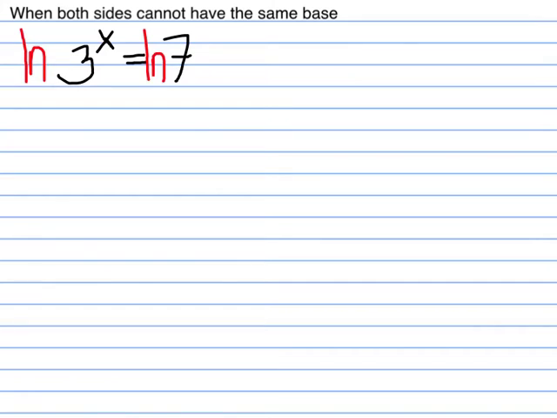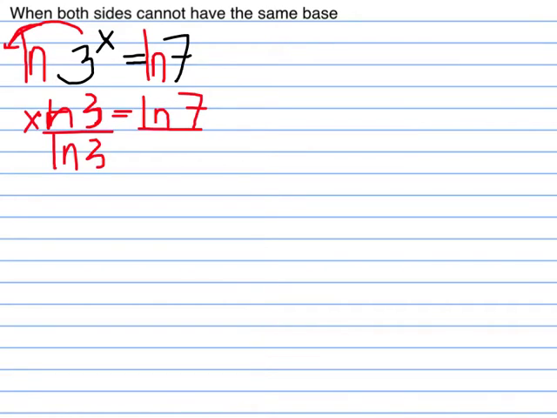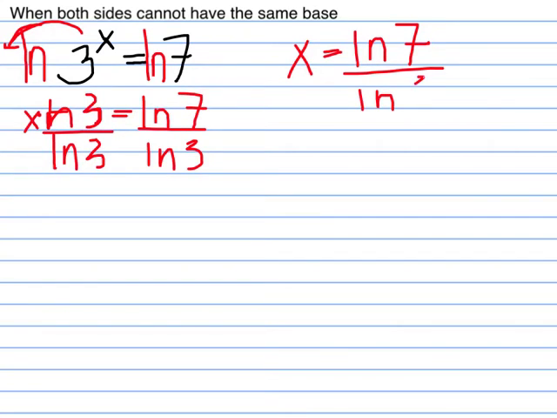Now by doing that, it allows us to bring this x power in front, and I get here x ln of 3 equals ln, natural log, of 7. Now we just solve for x by dividing by the ln of 3 on both sides. So x equals ln of 7 over ln of 3.